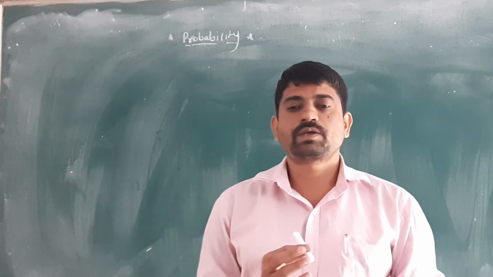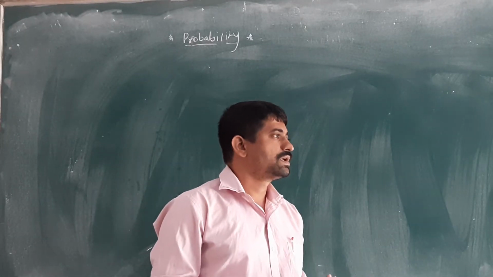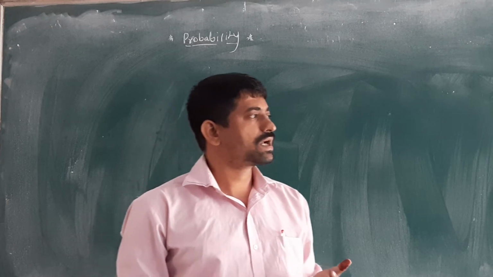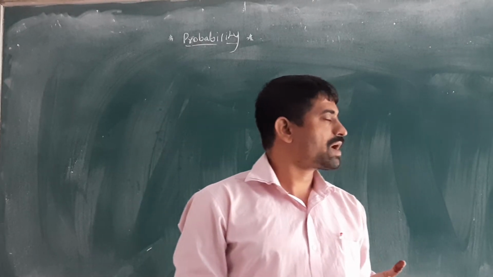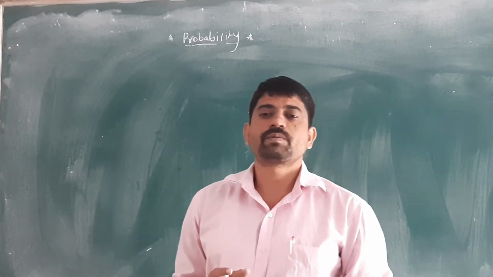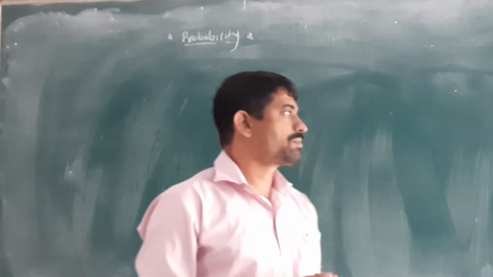Okay, probability. Then we will see, in your syllabus, they have included the joint event, then again Bayes theorem, conditional probability. We will see them one by one. Okay, first we will see the joint probability.